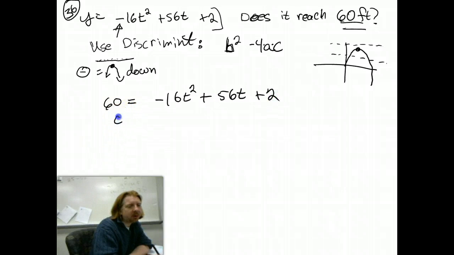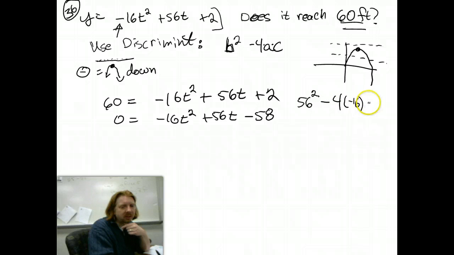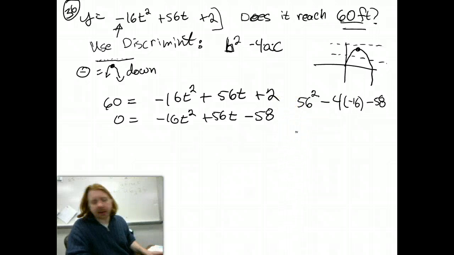So I subtract 60 from both sides. So that's negative 58. And now I'm checking that in the discriminant. How many solutions? So 56 squared minus 4 times negative 16 times negative 58. That's the discriminant. I had a calculator here.